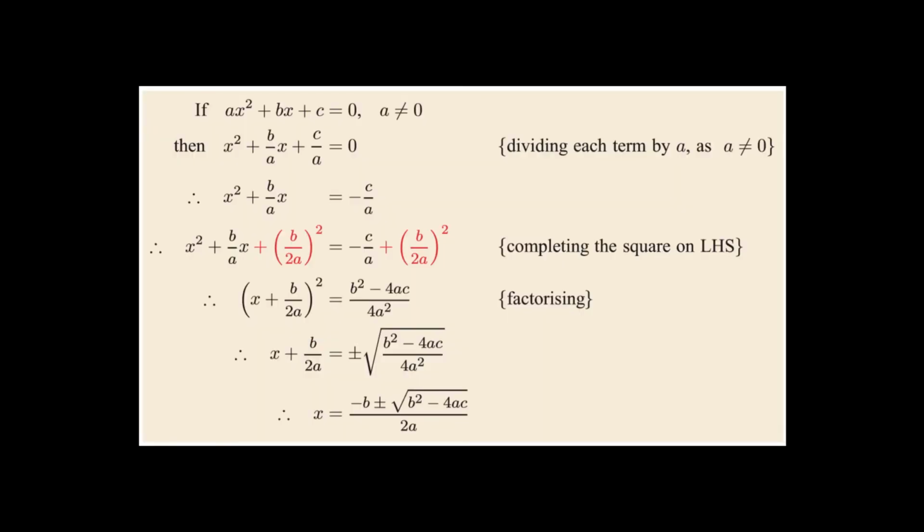This screen shows the derivation of the quadratic formula. So let's say you have a general quadratic in the form ax squared plus bx plus c equals 0. We can divide both sides by a and then move the c over a to the right hand side. We can then complete the square by adding b over 2a all squared on both sides, which yields x plus b over 2a all squared equal to b squared minus 4ac over 4a squared.